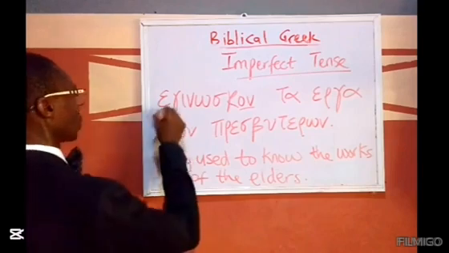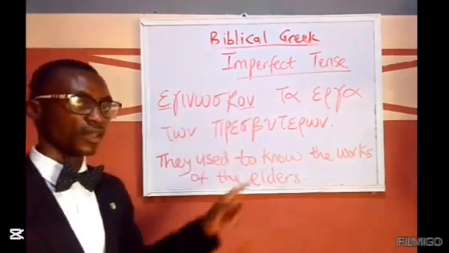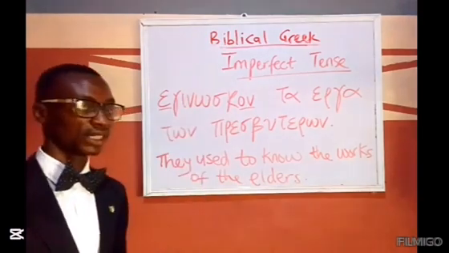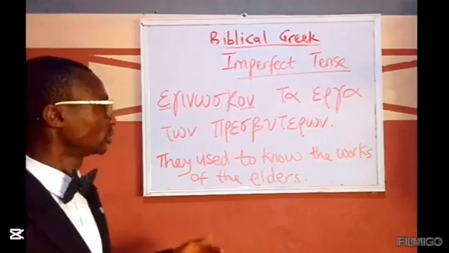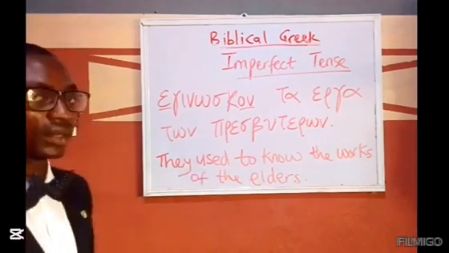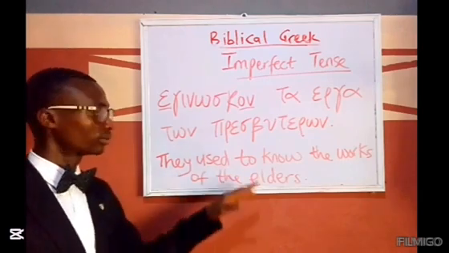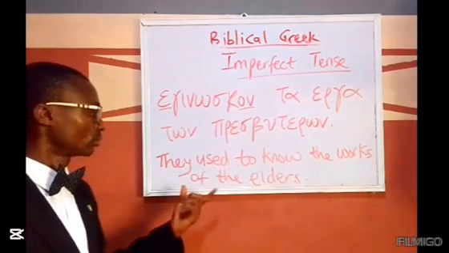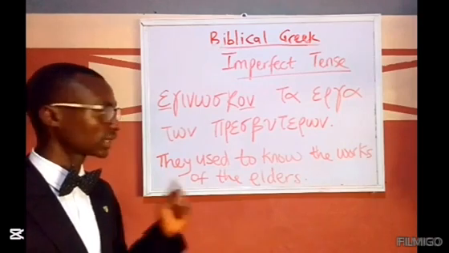This is the augment, and this is the third person plural for the imperfect tense. So they used to know, or I think that's the best for this particular discourse. They used to know the works of the elders. So this is an example. Let's have another one.